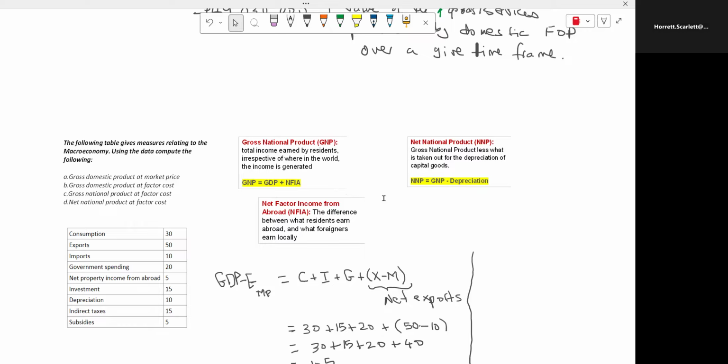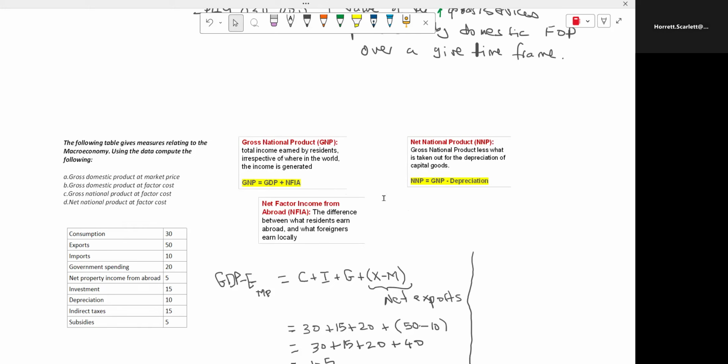And it does not matter where residents are located within the world. For simplicity, we usually use the term citizens to think of residents, even though that is not the economic definition of the word. But for simplicity, we can just use it as a reference point.